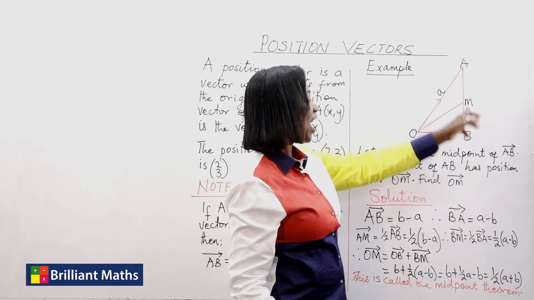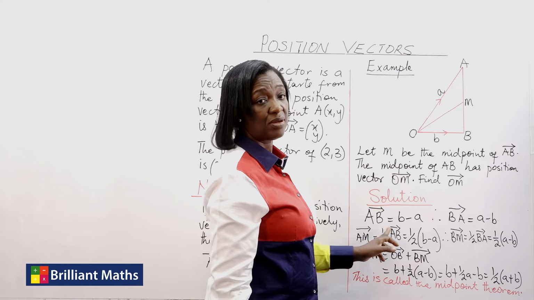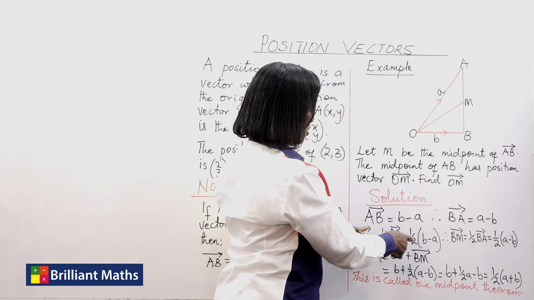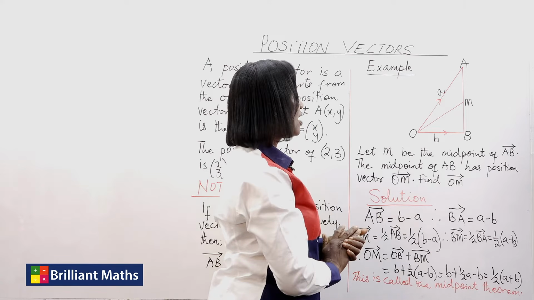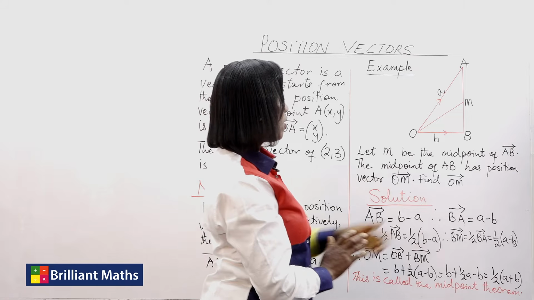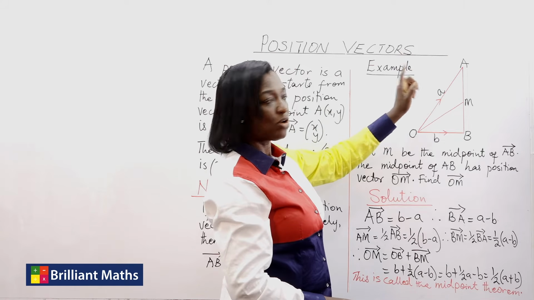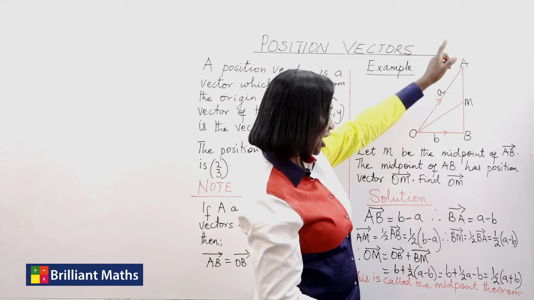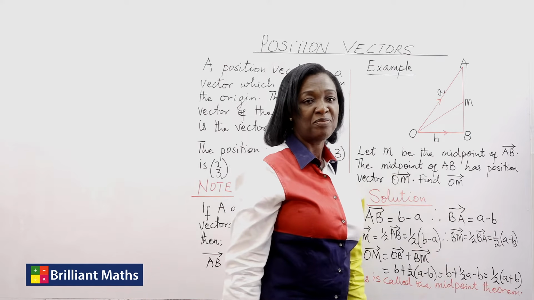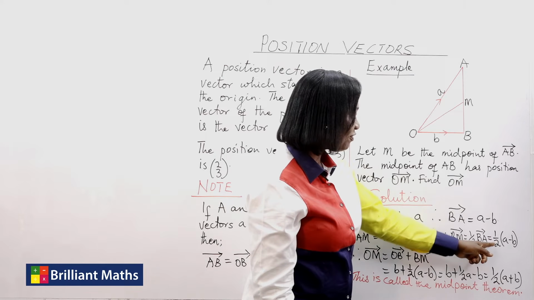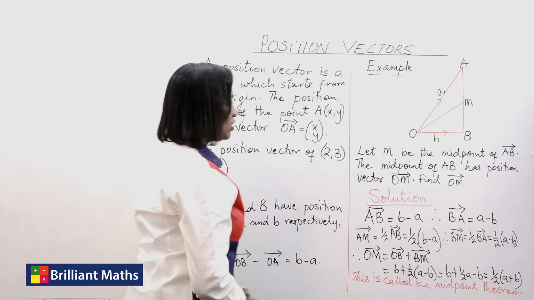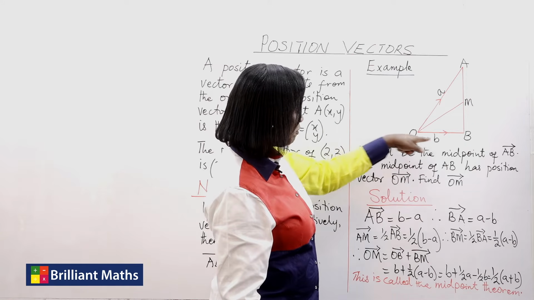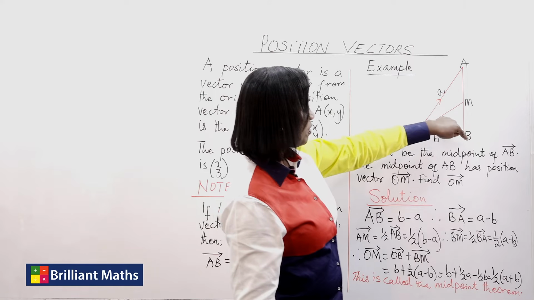Then the midpoint, just halfway, AM will then be half of AB. So AM is just half of B minus A. Also, BM, swapping the direction, going from B to A instead of A to B, BM will be half of BA, and BA is A minus B. So BM is half of A minus B. So OM, the position vector of the midpoint, is equal to B plus BM.